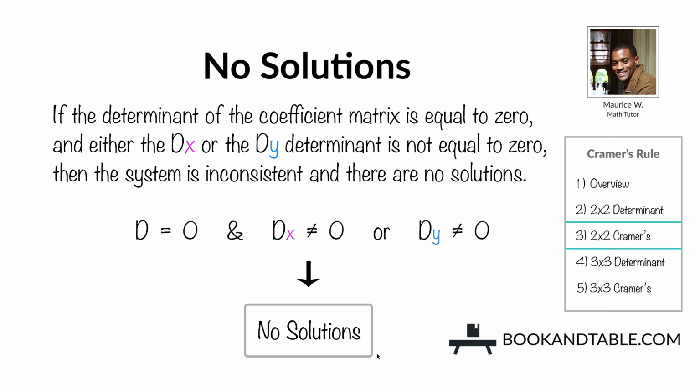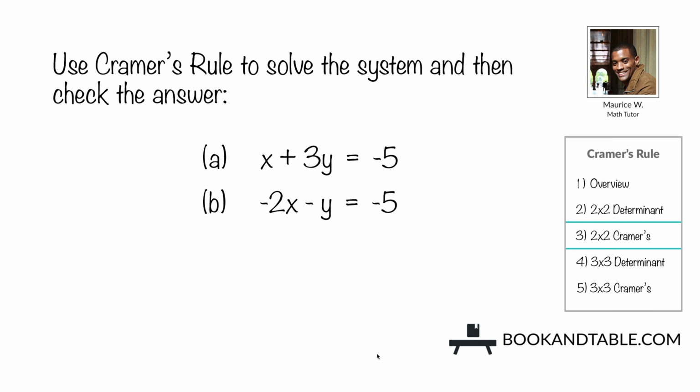Let's now walk through an example together. You'll be asked to use Cramer's rule to solve the system and then check the answer. Equation A, x plus 3y is equal to negative 5. Equation B, negative 2x minus y is equal to negative 5.